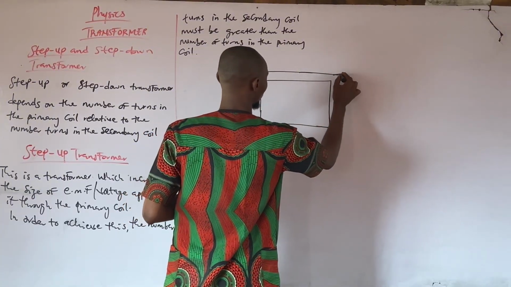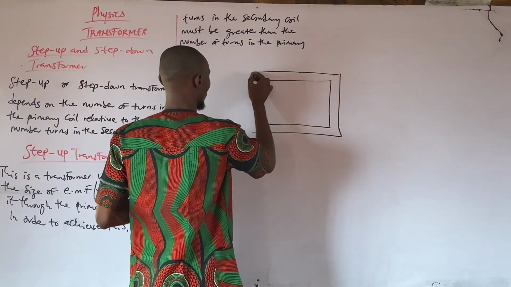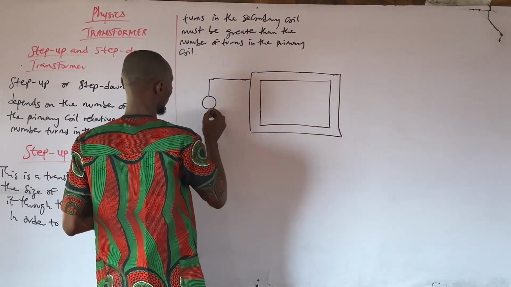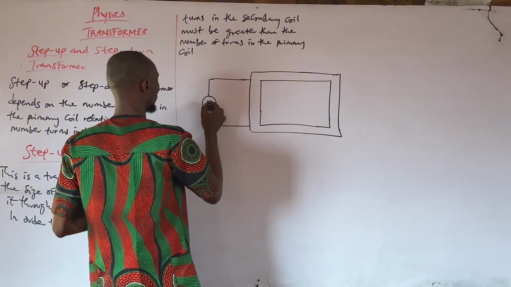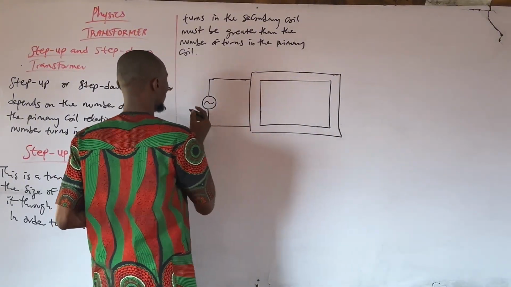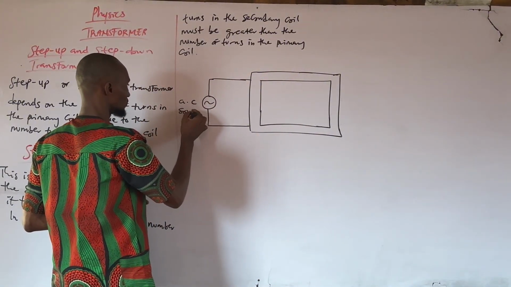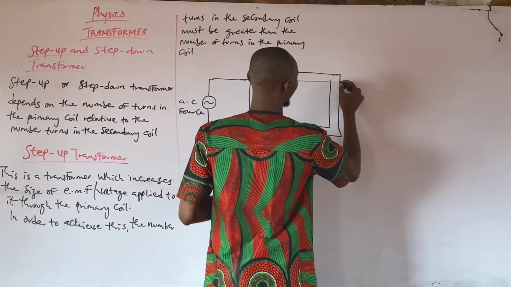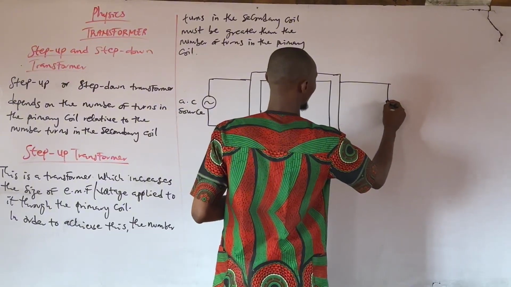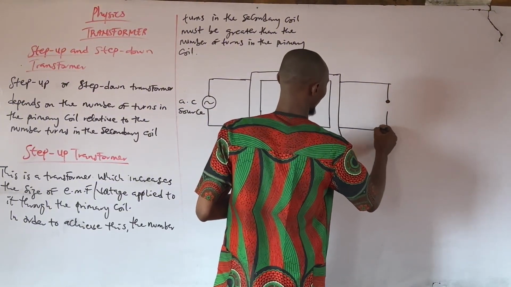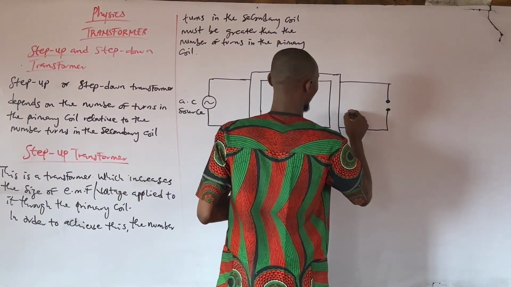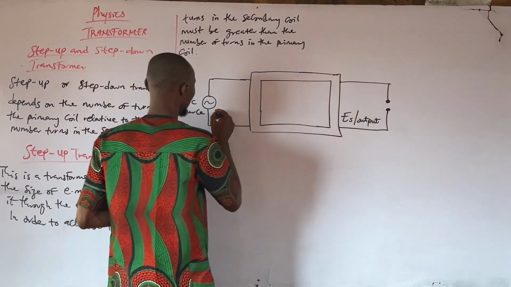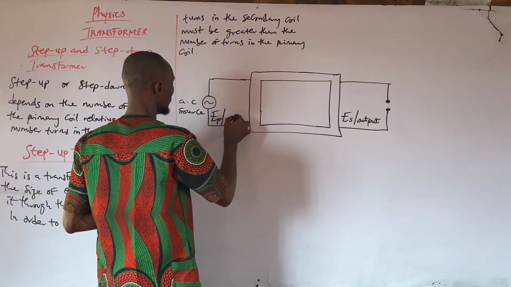So we have something of this nature. Now, we draw this. Now look up. We have something of this. So this is AC source, or you call it alternating AC source. Are you there? So this side now, we have something like this. So this is EX/output, and this is EP/input.